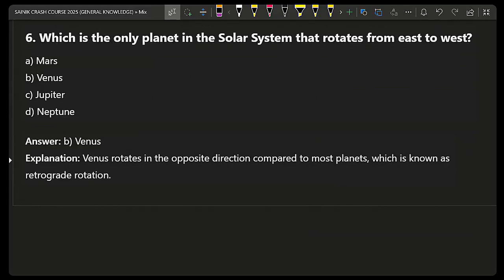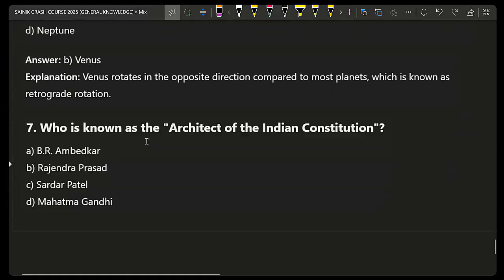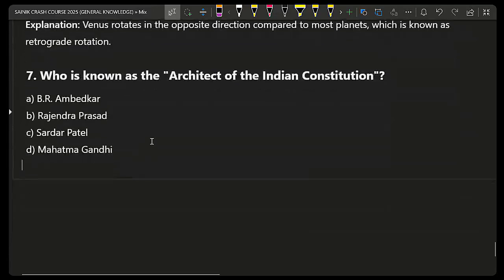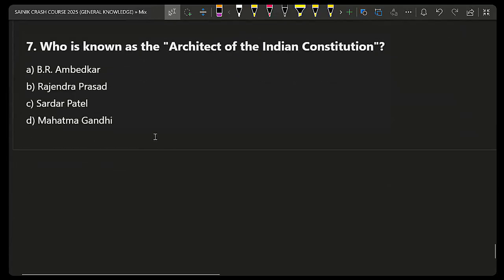Next question is a simple question. Everybody knows this. Who is known as the architect of the Indian Constitution? Option A, B.R. Ambedkar. Option B, Rajendra Prasad. Option C, Sardar Patel. And option D, Mahatma Gandhi.